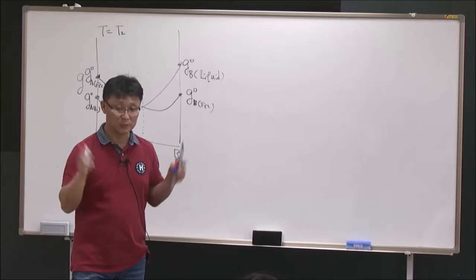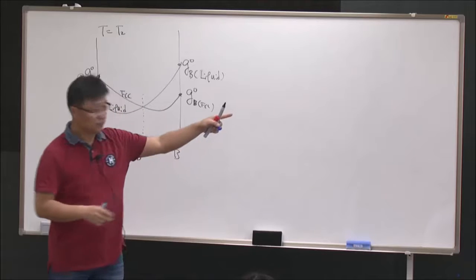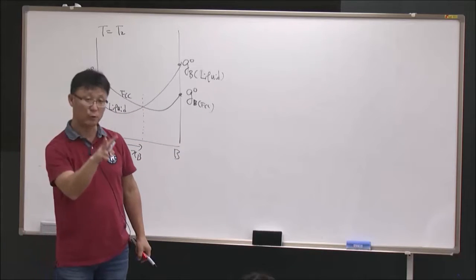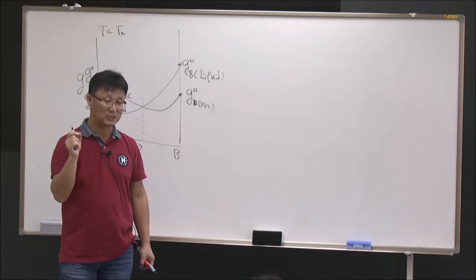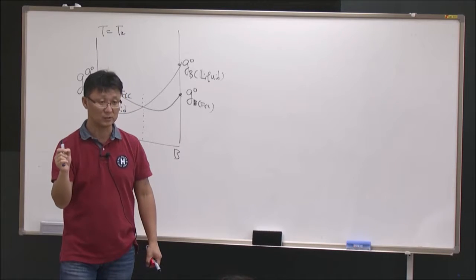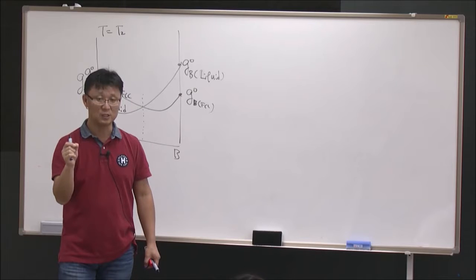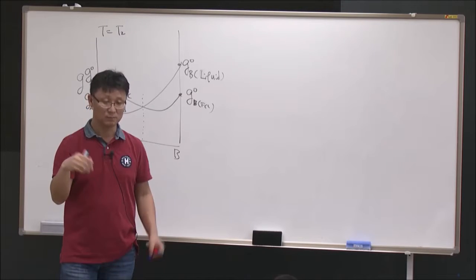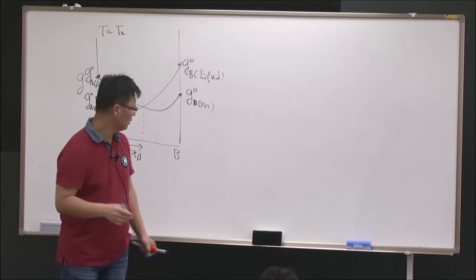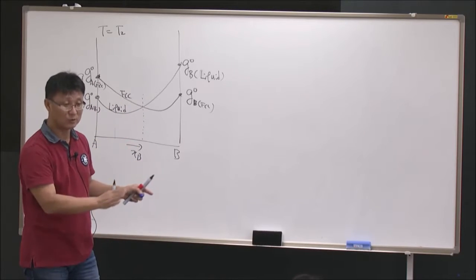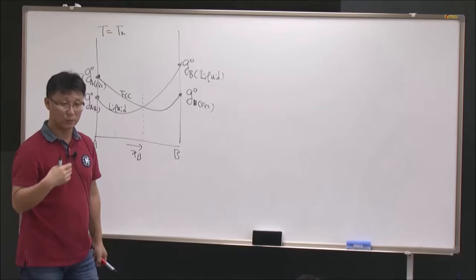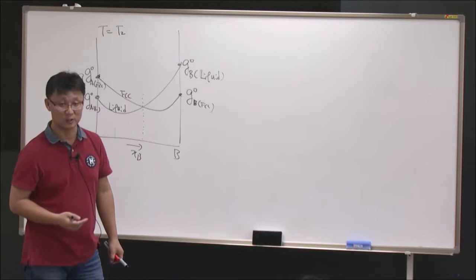But according to the Gibbs phase rule, in a binary system, a two-component system, when the pressure is constant, a maximum of 3 phases can exist together. Maximum 3. Easily 2. And then minimum 1. So the single-phase assumption here is wrong. We could have more than 1 phase existing together here.